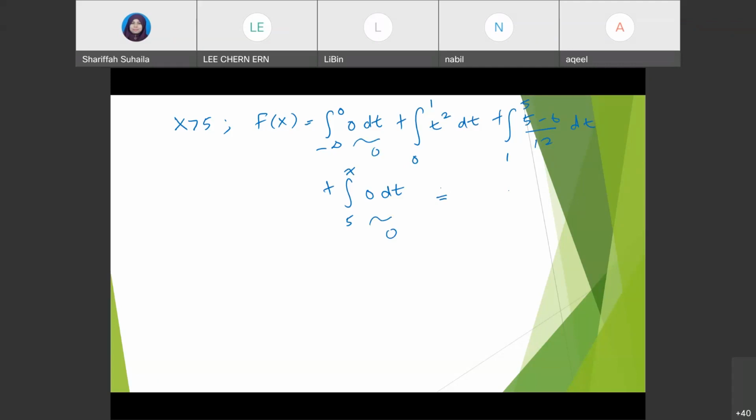Okay, so 1 over 3 t cube over 3. So the same thing, 5t over 12 minus t square.